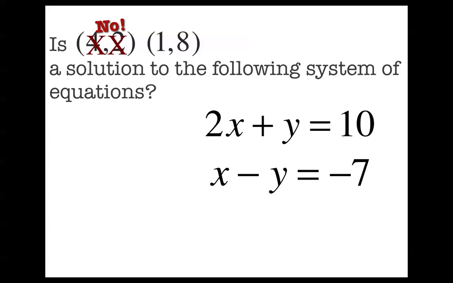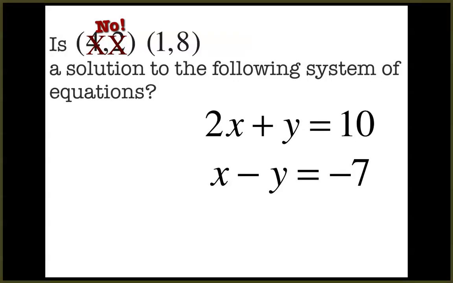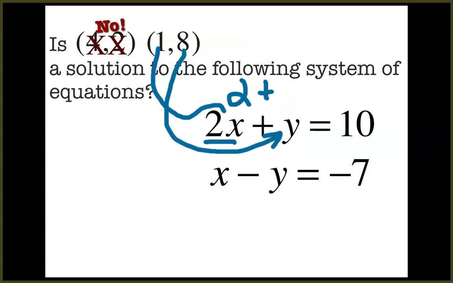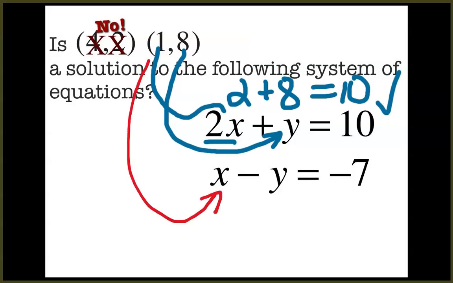Is 1 comma 8 a solution to this system? Let's try it. If you plug 1 in for x, you get 2 times 1, which is 2, plus plug 8 in for y. Okay, that works. That comes out to 10. Now, if I try 1 here, I'm going to get 1 minus 8.